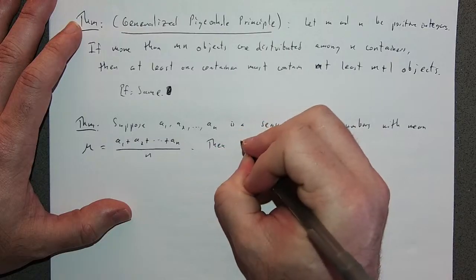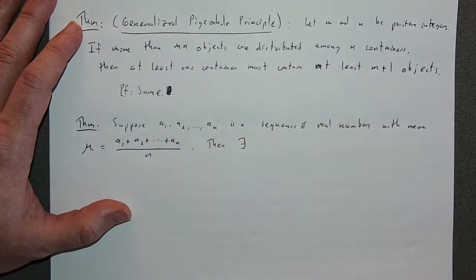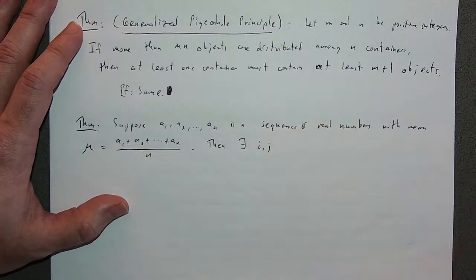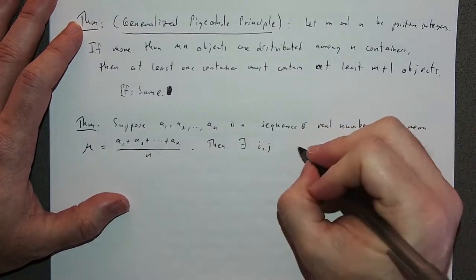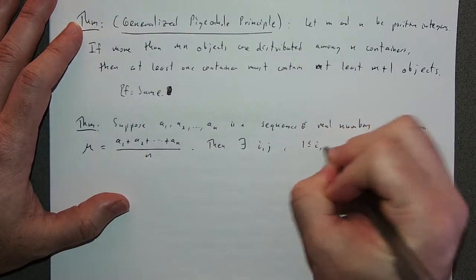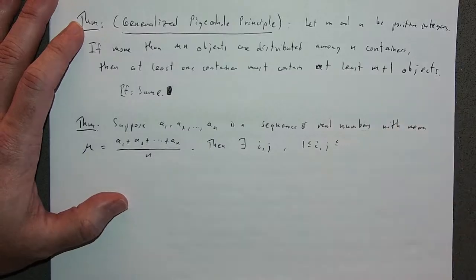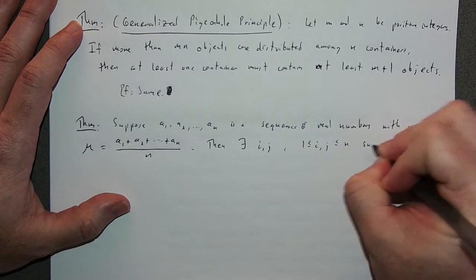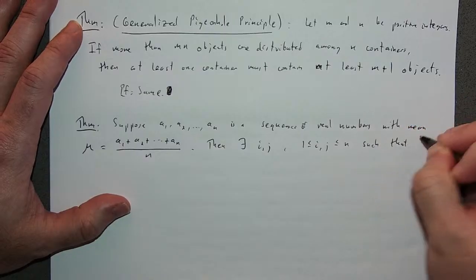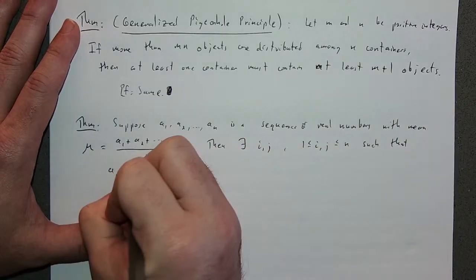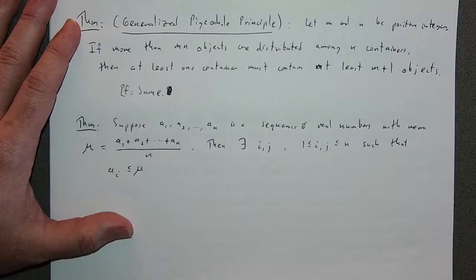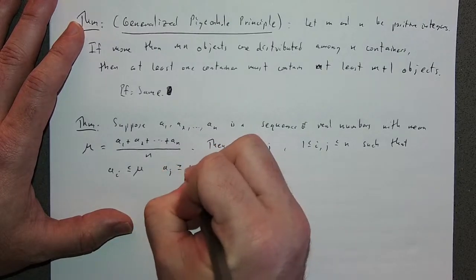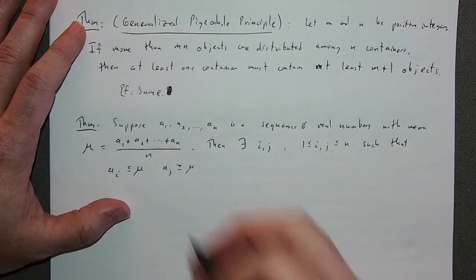Then there exist integers i and j with both of these being bigger than or equal to 1, less than or equal to n, such that a sub i is less than or equal to the average, and a sub j is greater than or equal to the average.